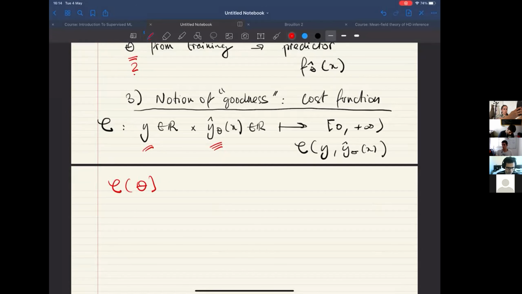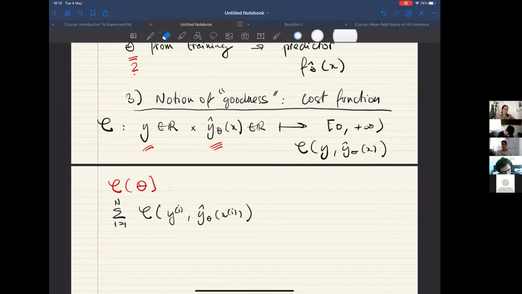All right, and concretely, this cost decomposes as a sum over the data. For example, when we take the mean square error loss, the quadratic cost, or sometimes I say loss, this is another way to call this function.